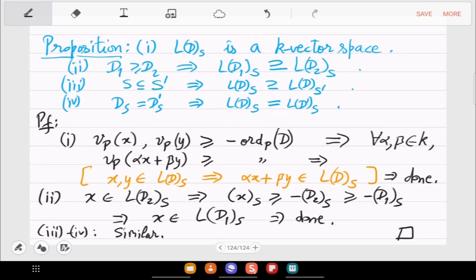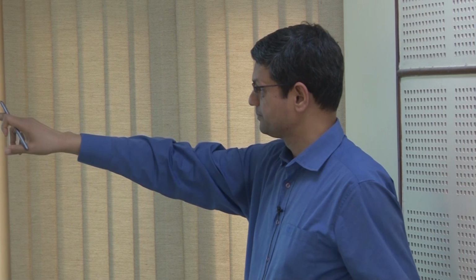Okay, so the next thing that we will do is remember we want to do a quantitative study, which means that the second property, which is saying that if you take a bigger divisor, then the restricted space, the L(D,S) sheaf, gets bigger. We want to actually measure how much bigger it will get. Okay, and we'll do this now quite precisely.